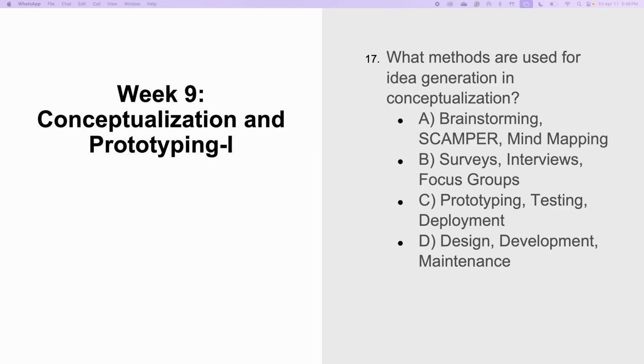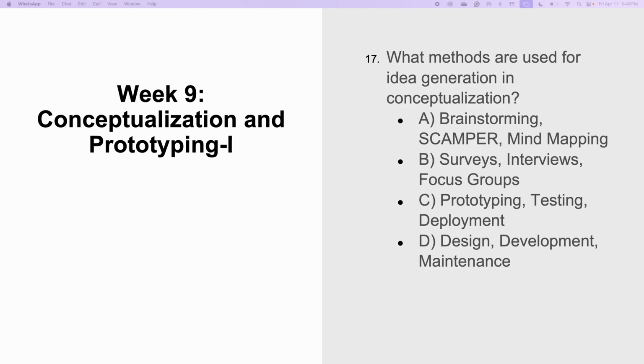Please try to answer. The first option is brainstorming, SCAMPER, mind mapping. Next, surveys, interviews, or focus groups. Next is prototyping, testing, and development. And the last is design development and maintenance.